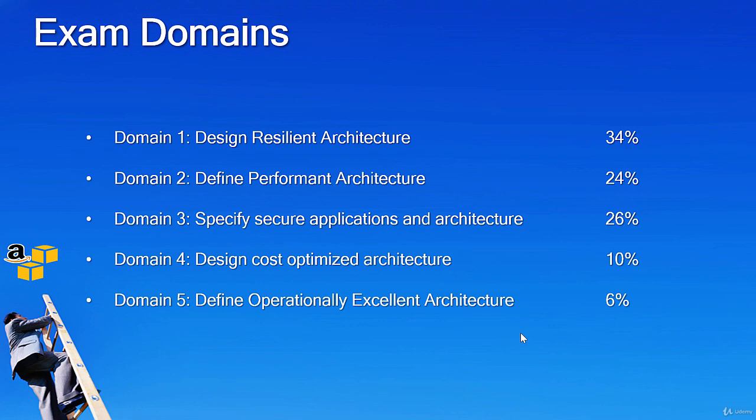Domain 4, design cost optimized architecture, covering 10%. Domain 5, define operationally excellent architecture, covering 6%. We will review the exam domains in detail later in the course.